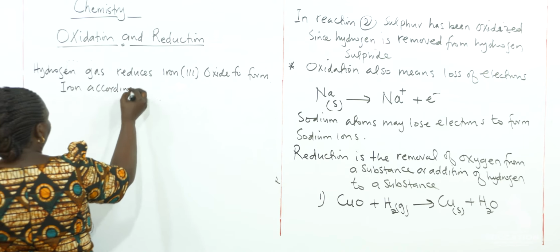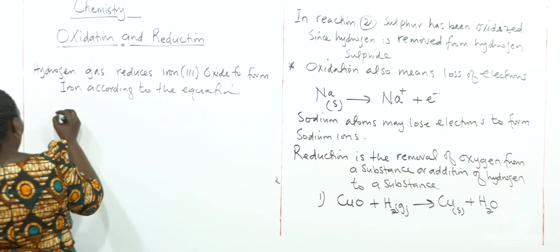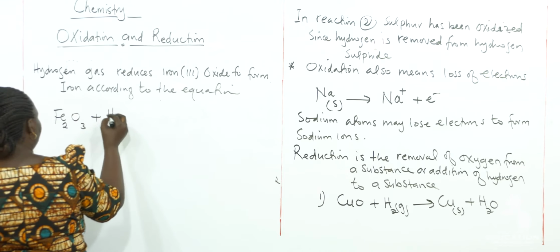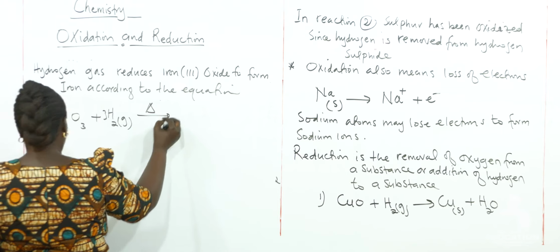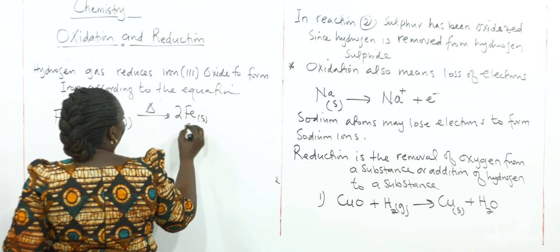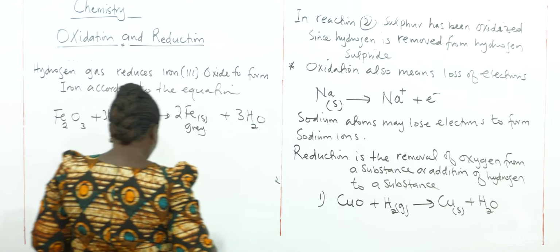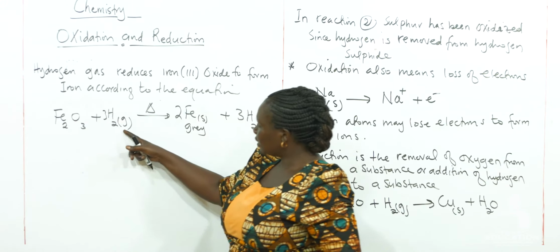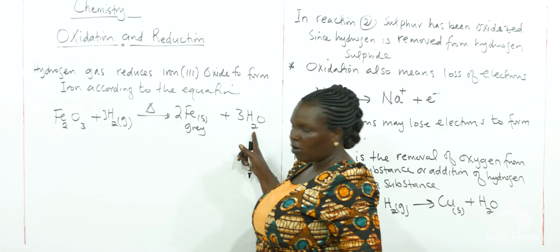According to the equation, we have iron 3 oxide plus hydrogen, in presence of heat, gives us metallic iron, that is in solid form with gray color, plus 3 moles of water.